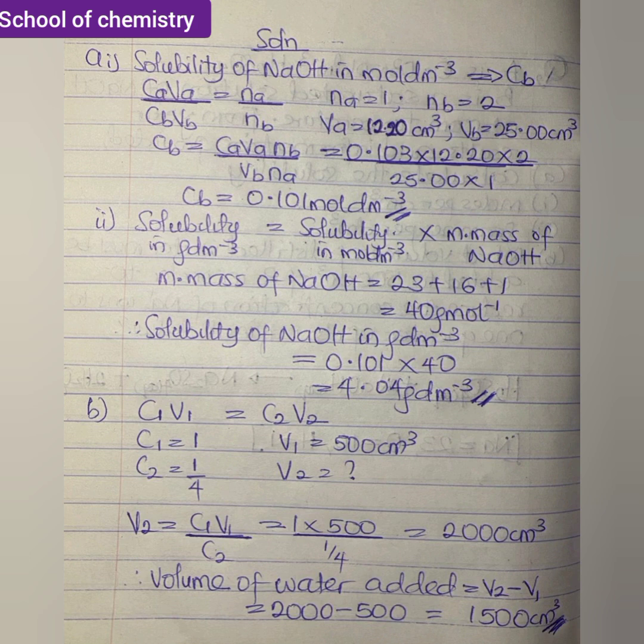Show how you got the molar mass of NaOH. The molar mass of NaOH is when we add their relative atomic masses together. Mind you, you'll be given the relative atomic mass of each element. So Na is 23, O is 16, H is 1. So that will give us 40 g/mol. So our solubility in g/dm³ will be 0.101 multiplied by 40, which should be equal to 4.04 g/dm³.